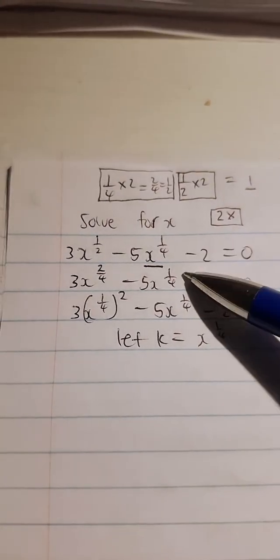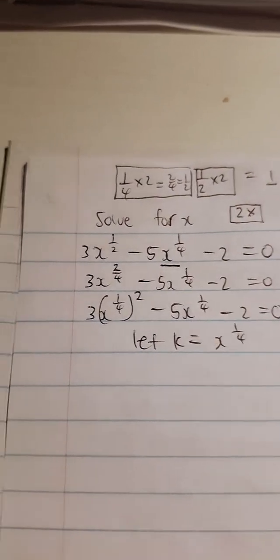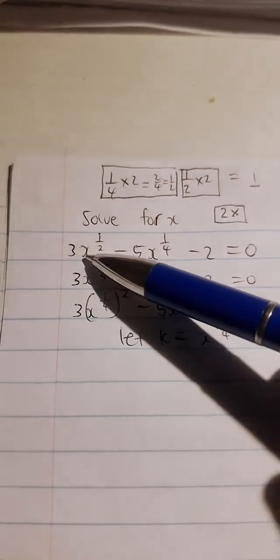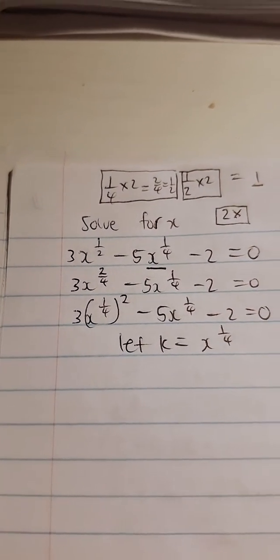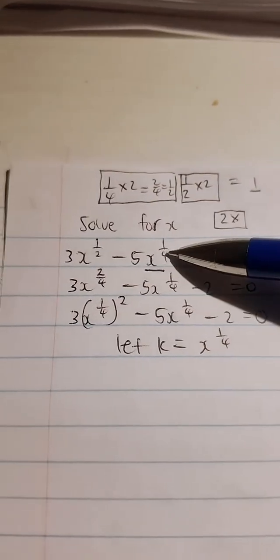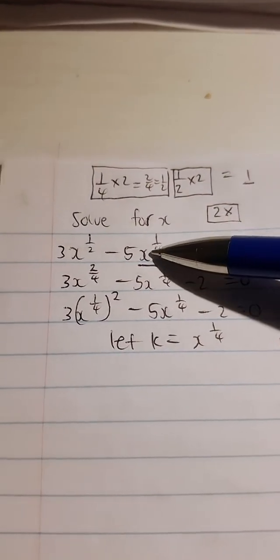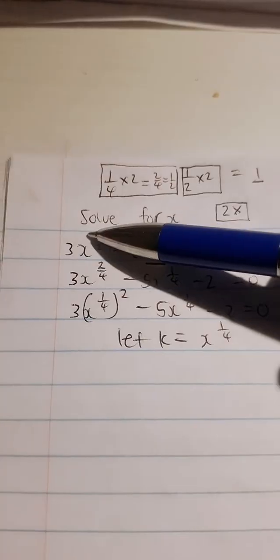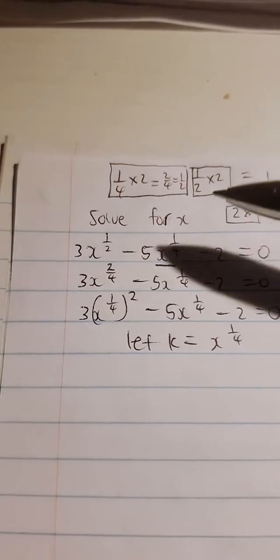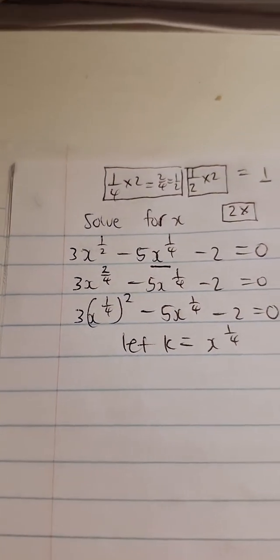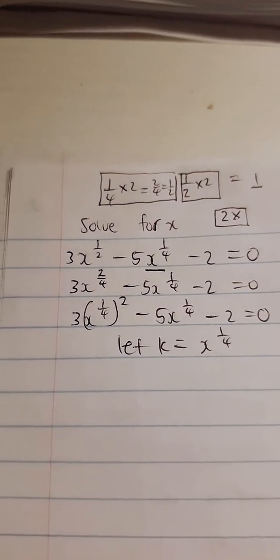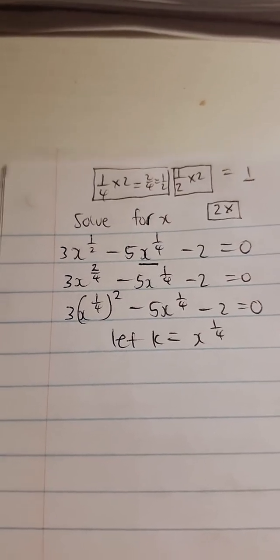Then there's a third term which is on its own, it has no alphabet or x next to it, it's a constant term. You need to check between the quarter exponent and the half, which one of these two do I multiply by 2 to get the other one?